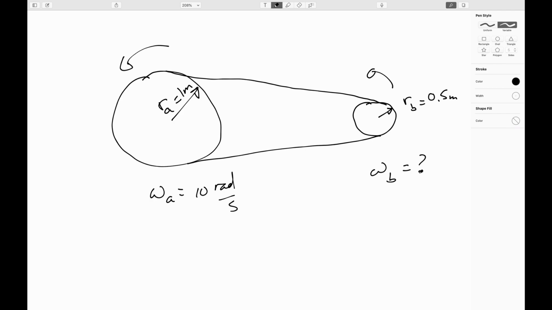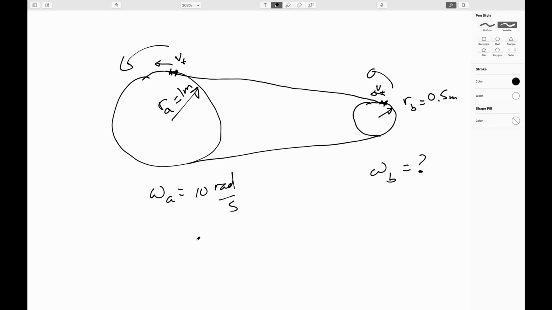And when you look at this, you realize that the trick to this is that if I look at a small chunk of fan belt here, this small chunk of fan belt has to be moving at the tangential velocity of this pulley. But so is every other chunk of the fan belt, or else it would be stretching. So that means, for instance, this chunk of fan belt right here where it's attached to the pulley also has to be moving at that same tangential velocity.